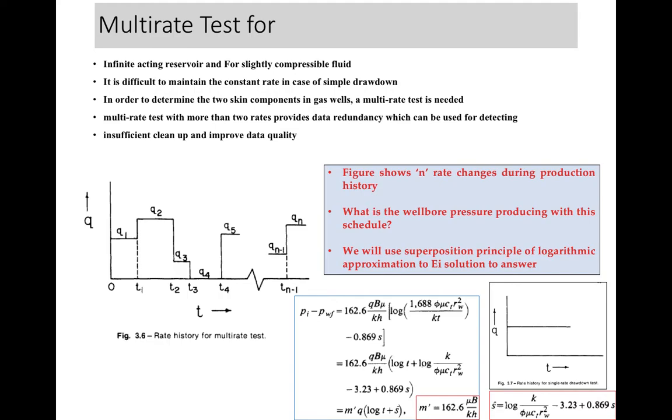So the more multi-rate tests we do, the more the well will clean up, and also the data quality will improve, right? Now in this figure 3.6, you can see we have different multi-flow rates, right? Initially you have Q, and then the flow rate has increased, then decreased, then becomes zero. So there are a lot of variations, and there can be n number of variations, right? So this figure shows the n rate changes during production history.